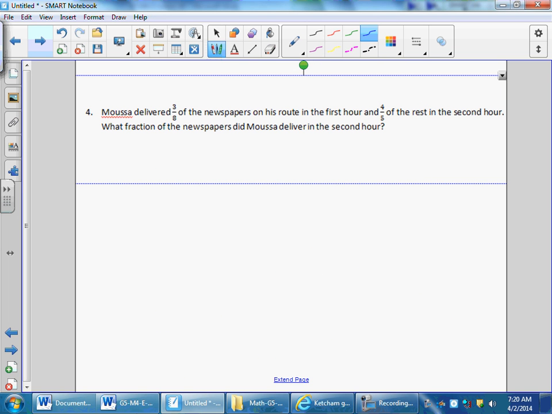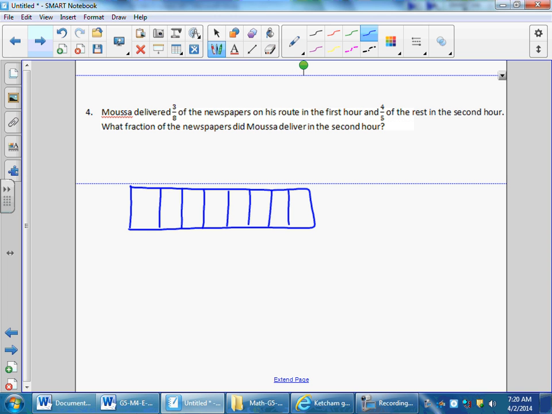Number 4. Mwesa delivered 3/8 of the newspapers on his route in the first hour and 4/5 of the rest in the second hour. What fraction of the newspapers did Mwesa deliver in the second hour? Read, draw, write. Mwesa delivered 3/8 in the first hour. Labeling is crucial.